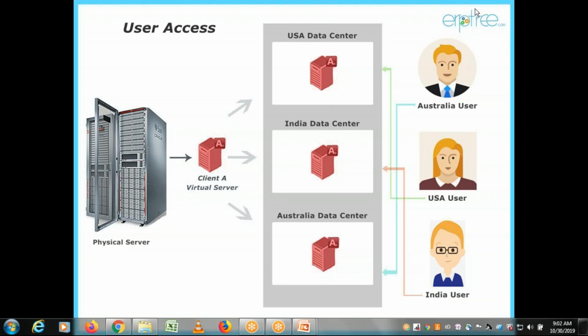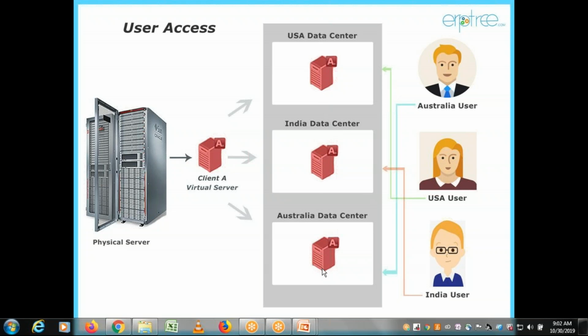Then how does it work? They will put synchronization across the 3 data centers. So if an India user connects to the India data center virtual server, whatever activities or transactions they do, everything will be in sync in all these 3 data centers.